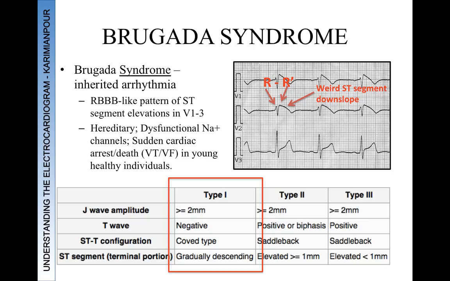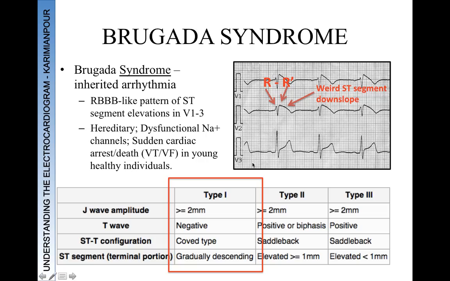The two ways that young, healthy individuals die on board exams is either in their sleep due to an arrhythmia, and the answer would be Brugada syndrome, potentially, or Wolff-Parkinson-White, or they die while playing basketball or football on the field, exerting themselves, and that's hypertrophic obstructive cardiomyopathy. So that's something to keep in mind.